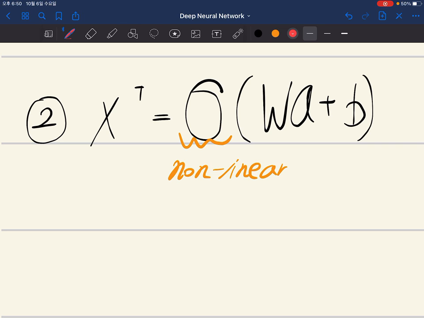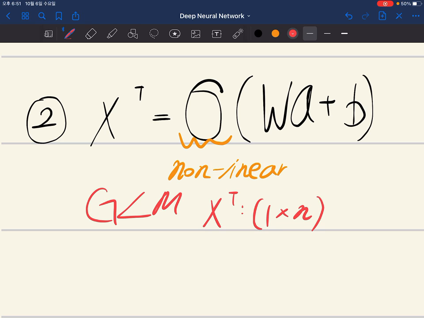Generalized linear model can be understood as a kind of nonlinear factor model if the link function is nonlinear. So let's think of the GLM case. If the response variable is univariate, then X transpose can be understood as a 1 by n matrix of conditional means.